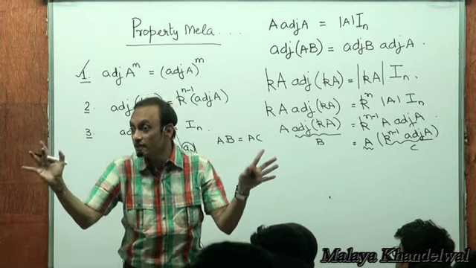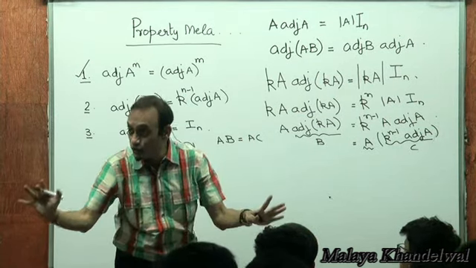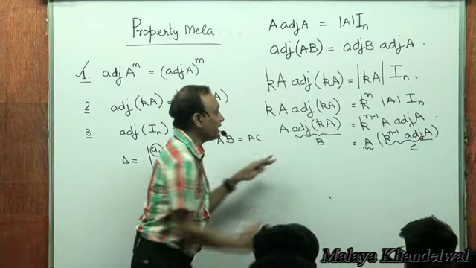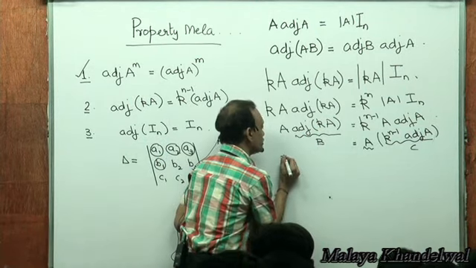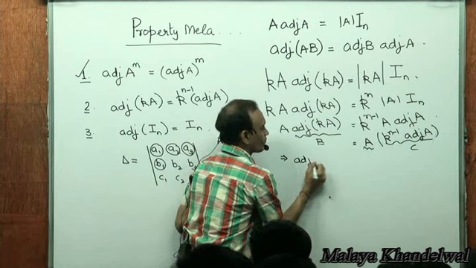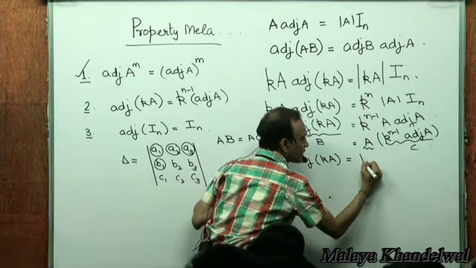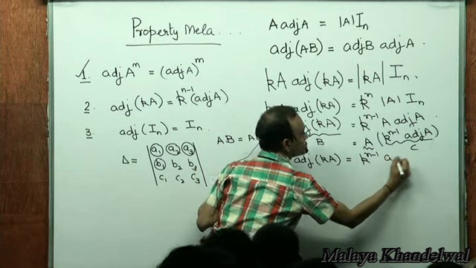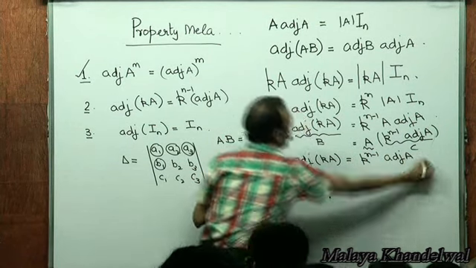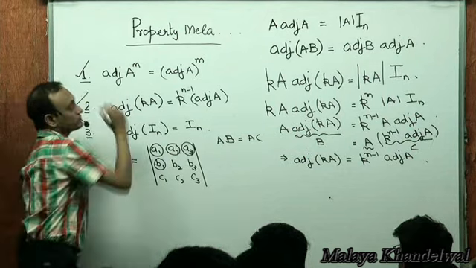A is a collection of numbers. It doesn't have a value. So never cancel A. So we then have adjoint KA equals K to power n minus 1 adjoint A. How about it? So that's this property.